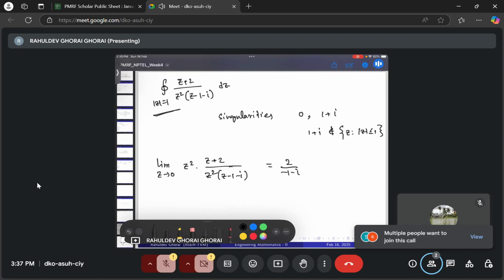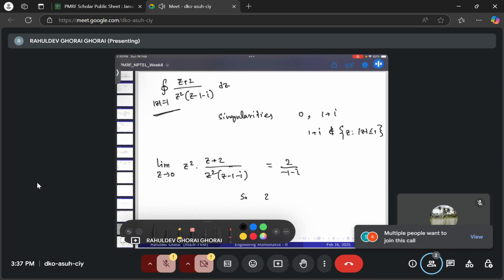That's the definition of a pole, I mean pole of order 2.